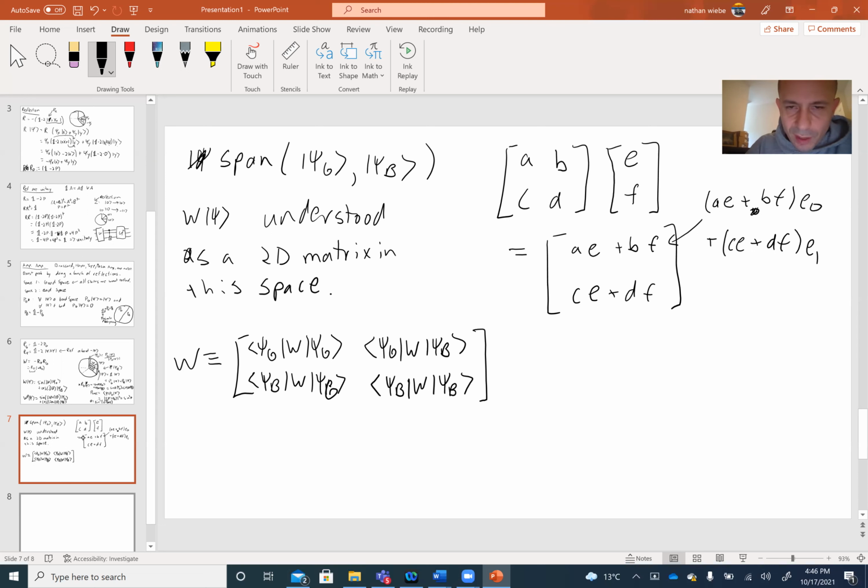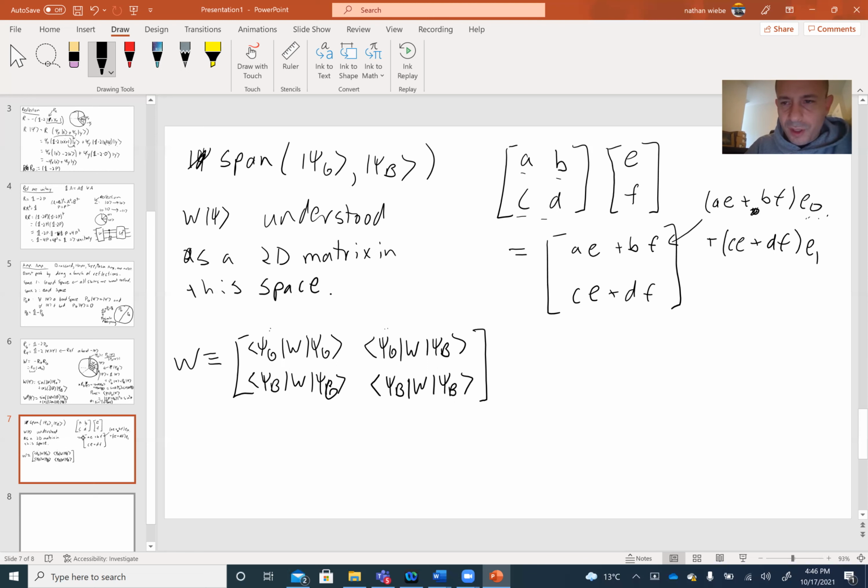Okay, so just by pattern matching we can see that the first two elements in the matrix, A and B, when multiplied by E and F, give us components that are proportional to E0 in the output. And that's where the psi g's come from. So these two components grab the output that is in psi g, given input that's in psi g or psi b.